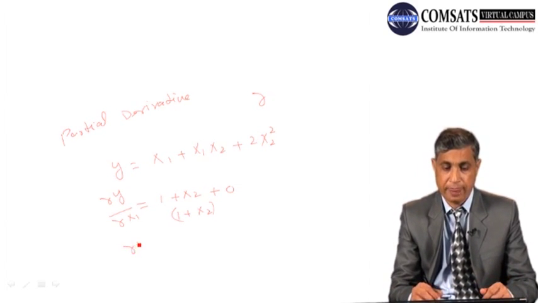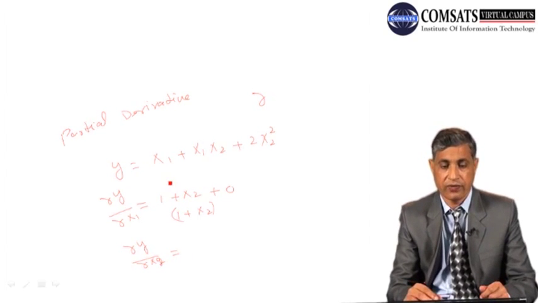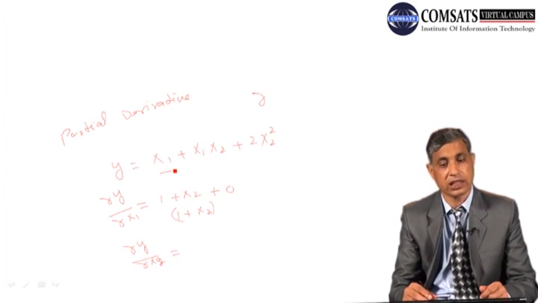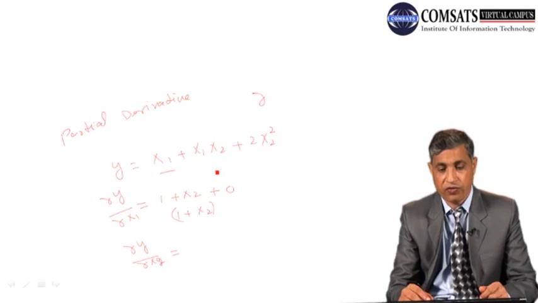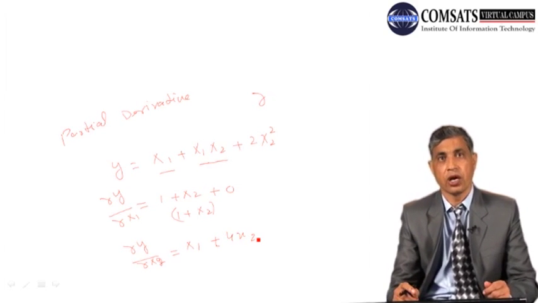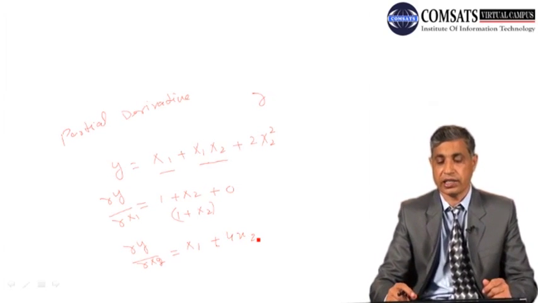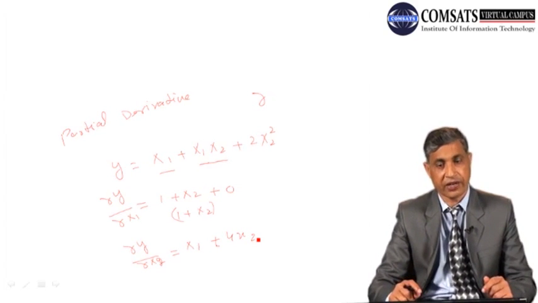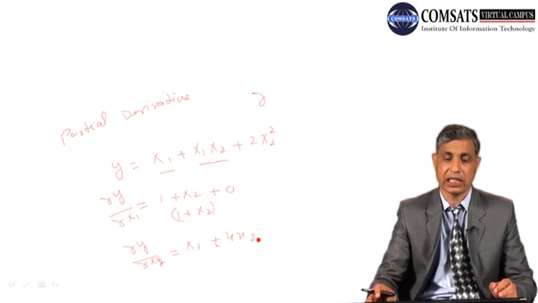So partial y over partial x2 is equal to, now this x1 will drop out definitely because it is connected with the positive sign, and from here I can take the derivative of x2, and the derivative of the last term is 4x2. So this is the story behind the partial derivative, and we are interested in this.